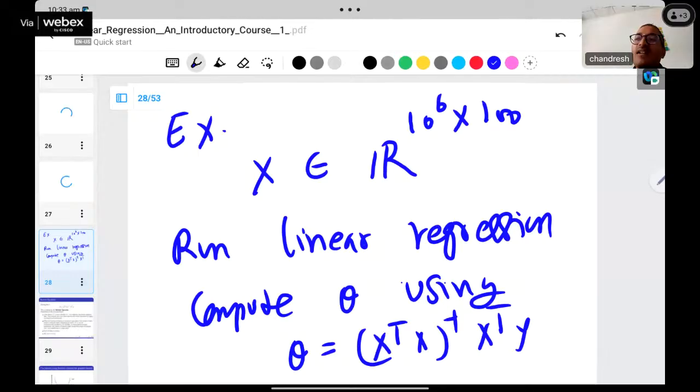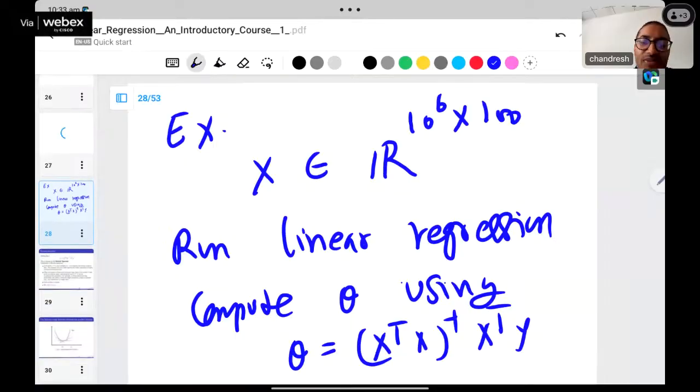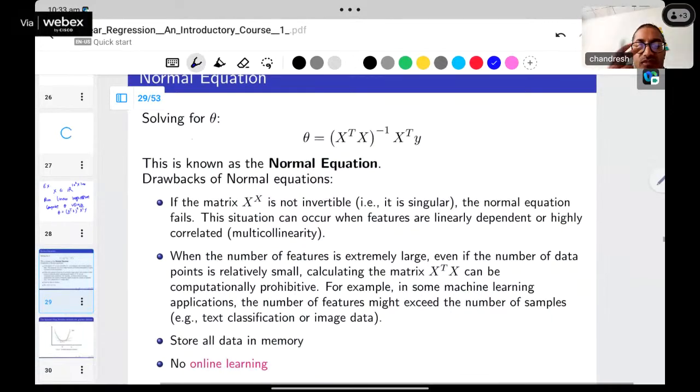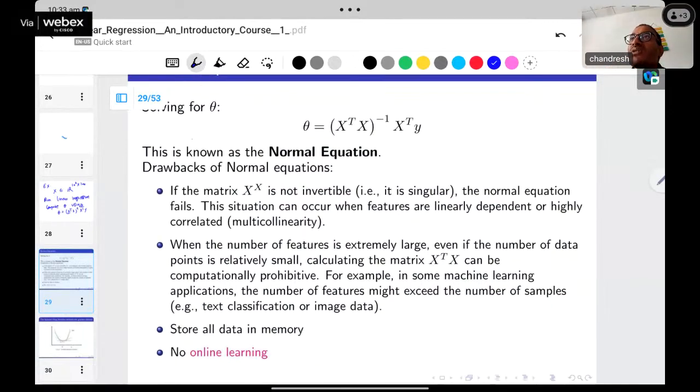After that, now we have seen that it is very computationally demanding. So here is the reasoning. What is the issue with this equation and why don't we use it for big data? One is that the matrix may not be invertible. It is possible that after multiplication, X transpose X is non-invertible, and you cannot compute the inverse.